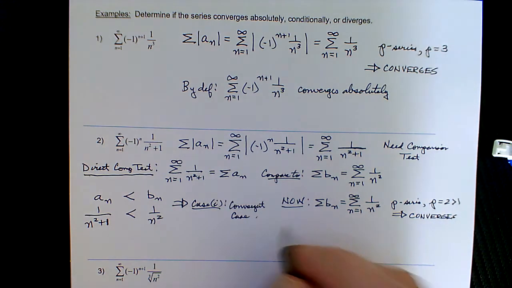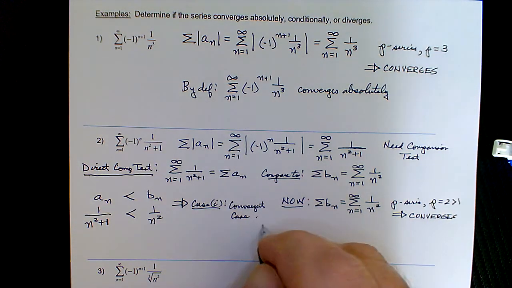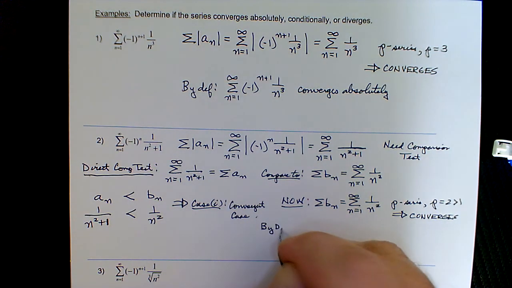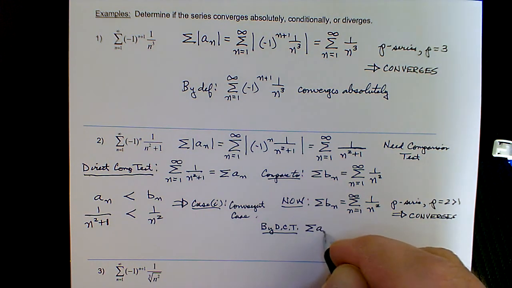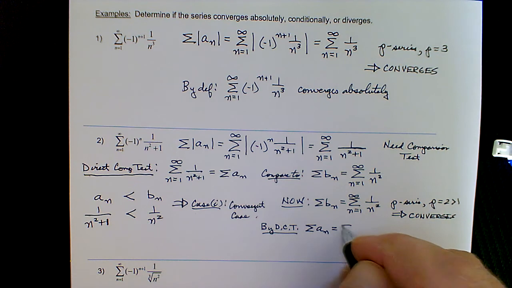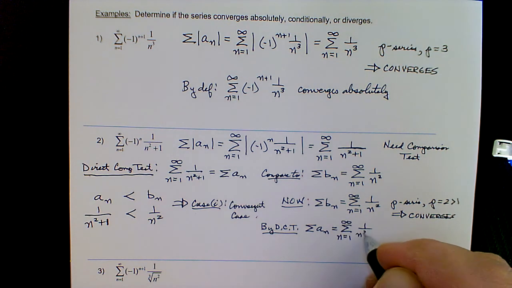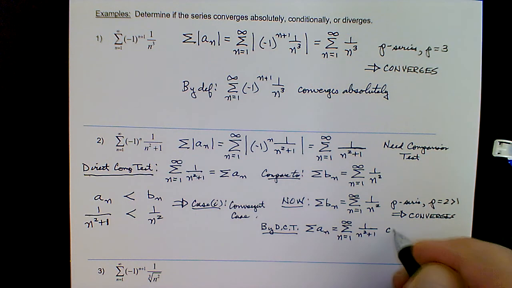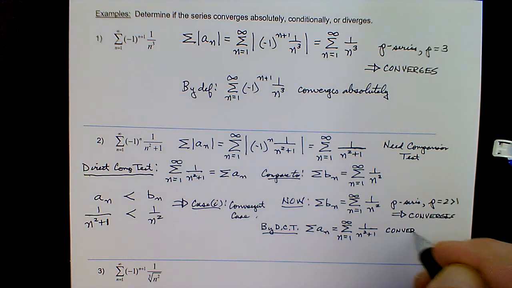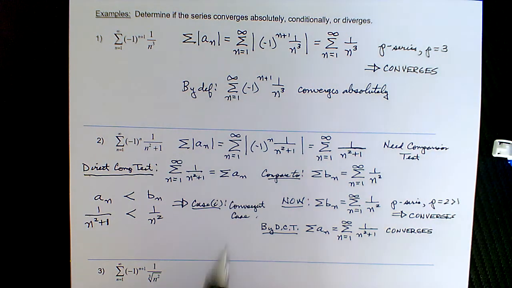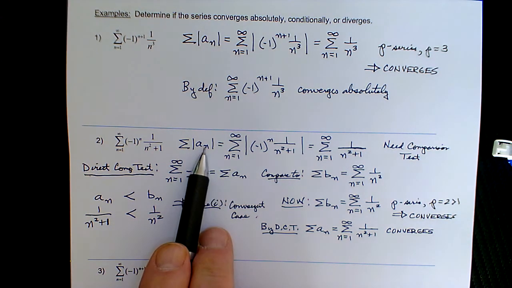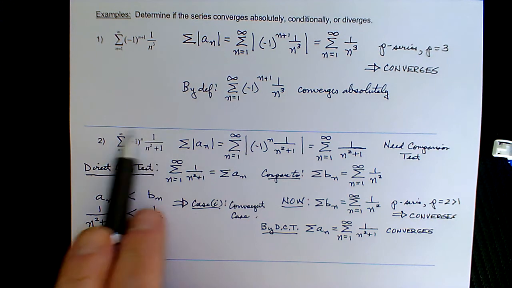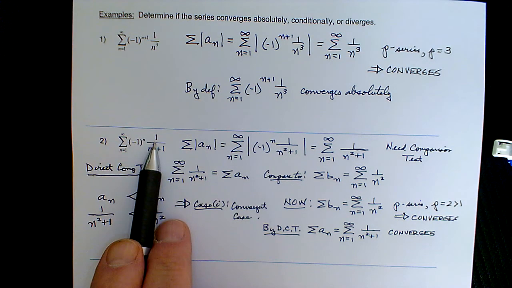Okay, so now there's a couple important things to note. You have to say, by the direct comparison test, the sum of the a sub n, which was the sum as n goes from 1 to infinity of 1 over n squared plus 1, also converges. So that was this sum of the a sub n. But notice that came by looking at the sum of the absolute value of the original alternating series.